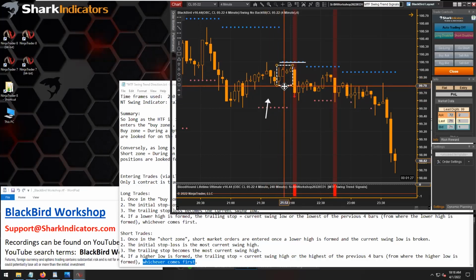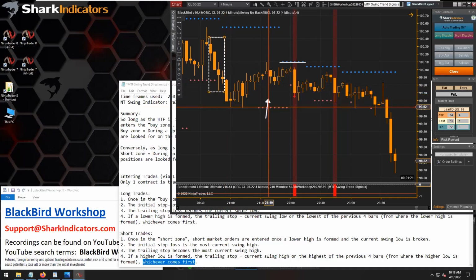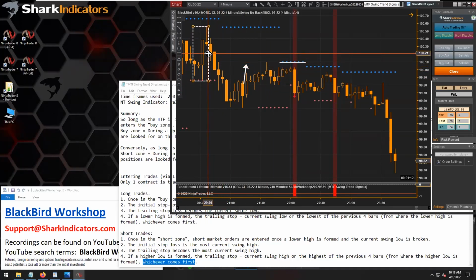Well, actually, I'm sorry, that would be these guys. There we go. So he'd be analyzing these 4 bars, I think. Or actually, I'm not sure. Maybe it's these 4 bars. And he's going to find the highest of the previous 4 bars to try and bring a stop loss down a little closer.